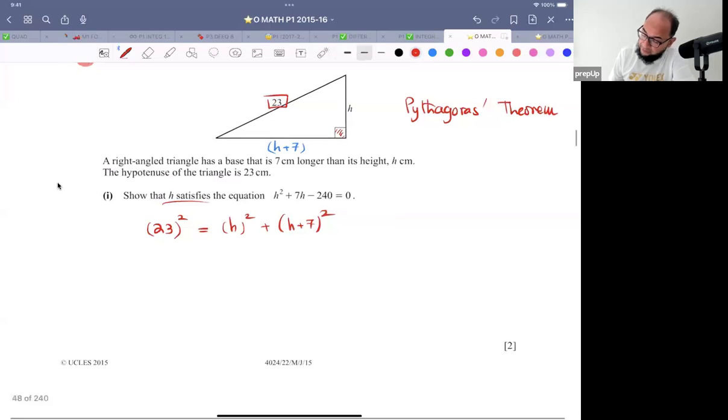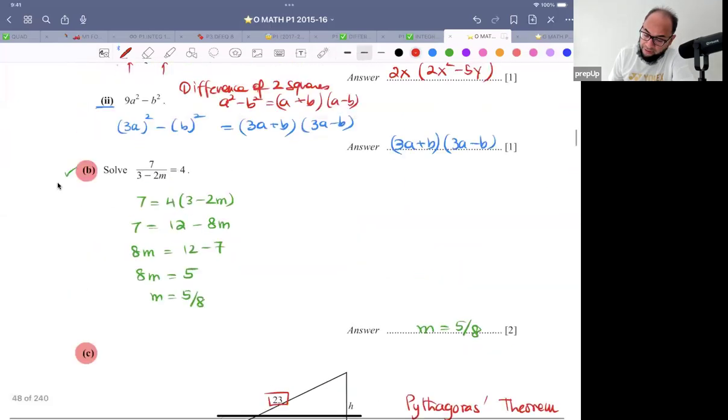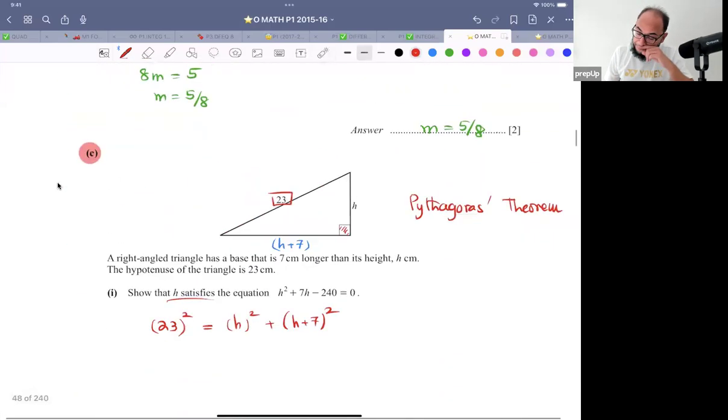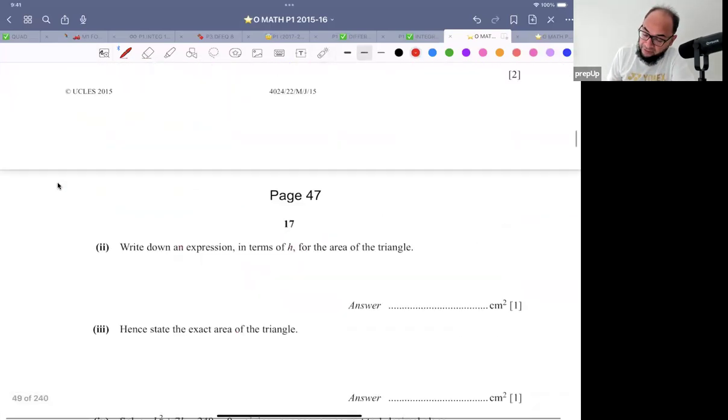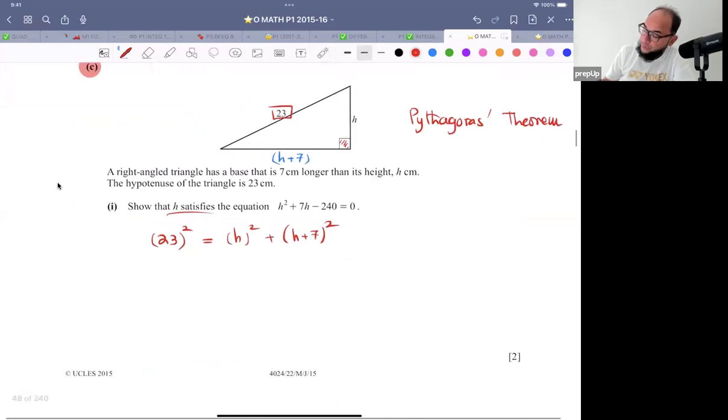I think this is a paper 2 question. So now over here, 23 square, I'll use the calculator that I have. So that is 23 into 23, and that's 529. This is h square. This is h plus 7 whole square.